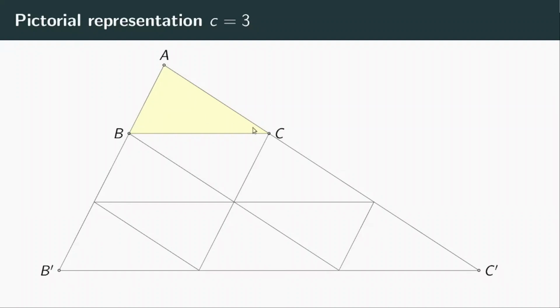So here I have ABC, and then 1, 2, 3, 4, 5, 6, 7, 8, 9 little triangles decomposing the big triangle. So this at least is consistent with what I was claiming from the previous slide.